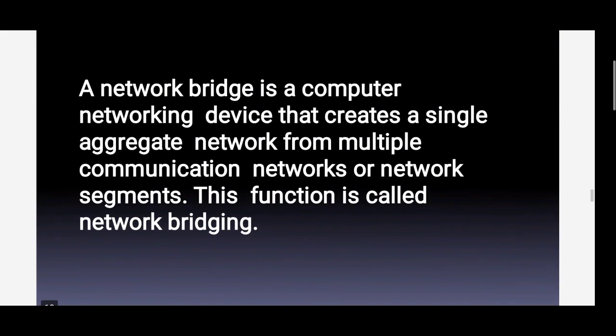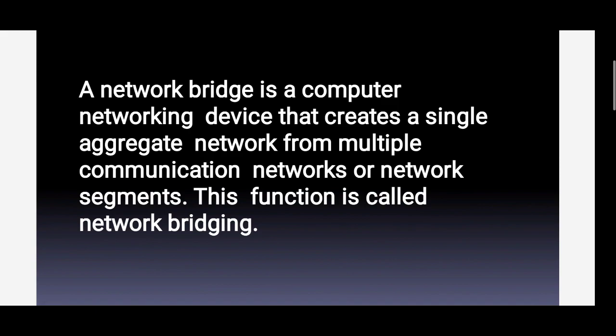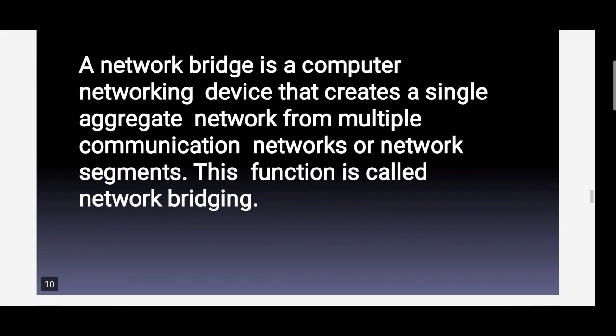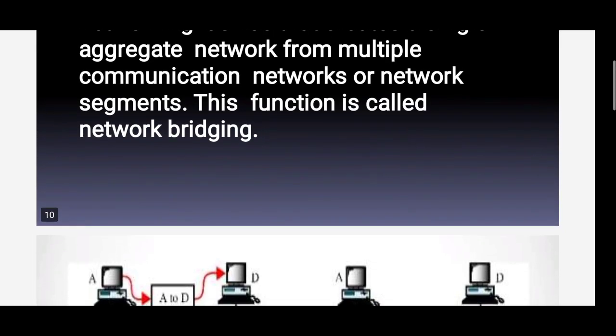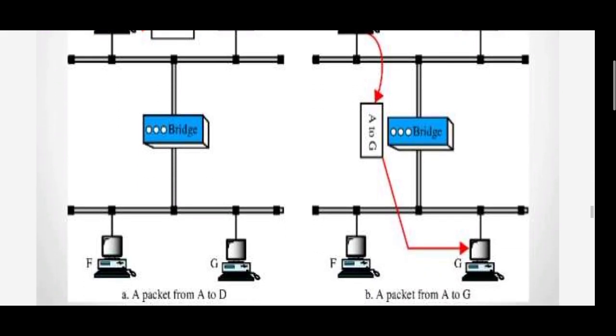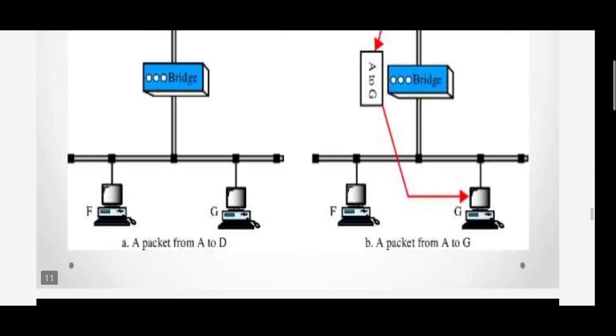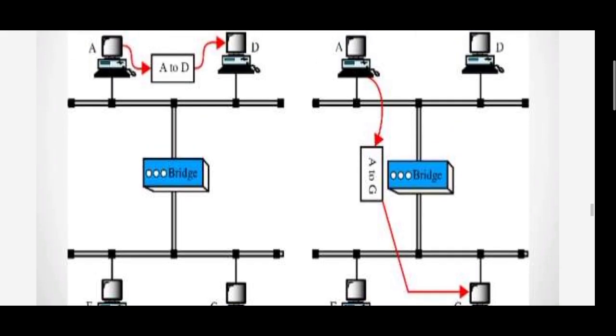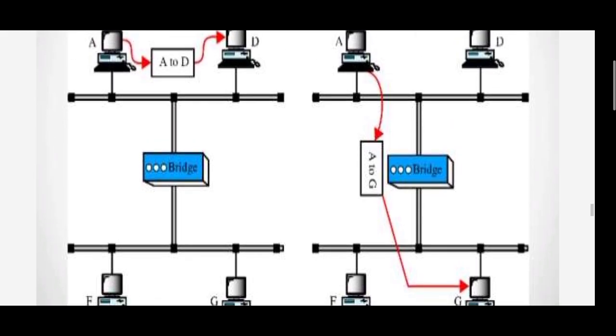Here, a bridge is a computer networking device that creates a single aggregate network from multiple communication systems or multiple networks. Here we have a packet from A to D, packet from A to G, two bridges.